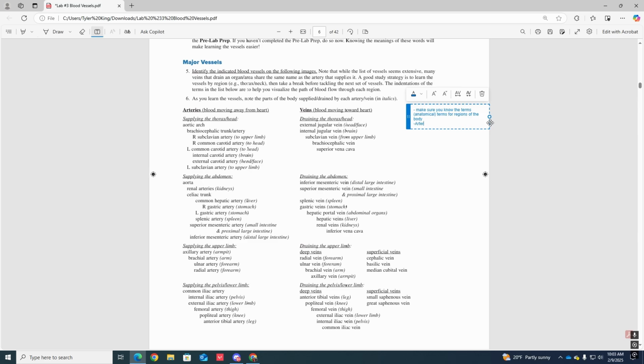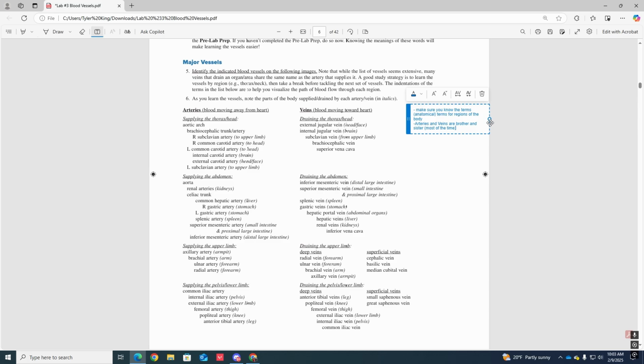Here's another one. Arteries and veins are brother and sister. Most of the time, though. I'm going to say most of the time. Why do I say that? Because most of the time you're going to encounter arteries and veins that have the exact same name.